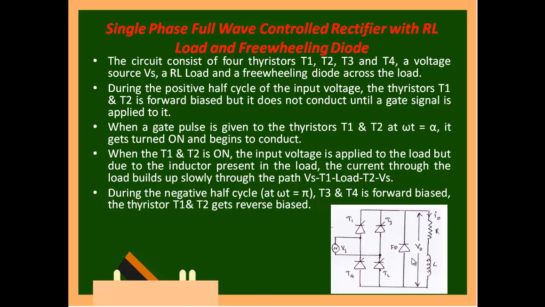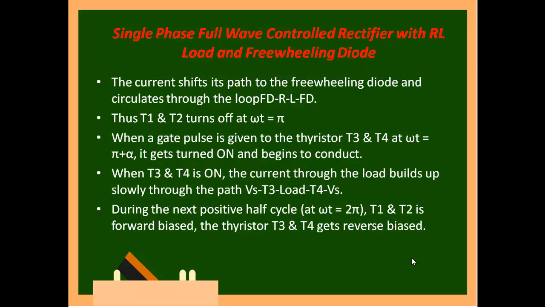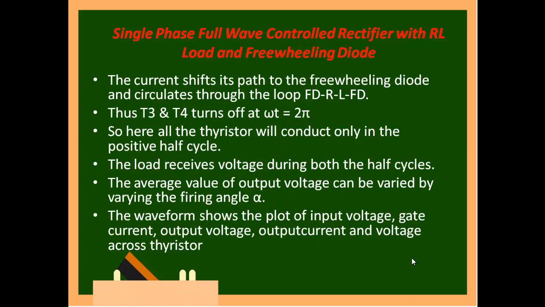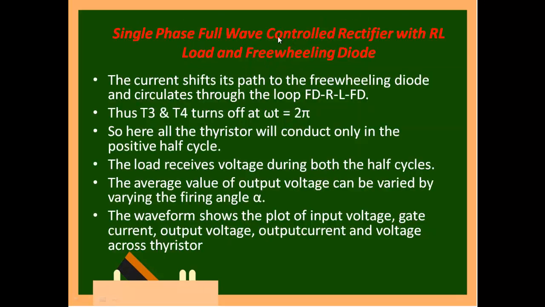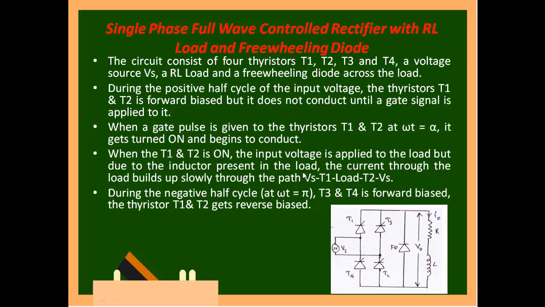With the help of this freewheeling action, even for the inductive load, there is no voltage in the negative half cycle. So this waveform we are able to get with an R load with an additional freewheeling diode. What I have explained will be here in the theory, so when I circulate this theory, you will be able to understand it. In a similar way, T1 and T2 will be turned on, so current will enter through the load.